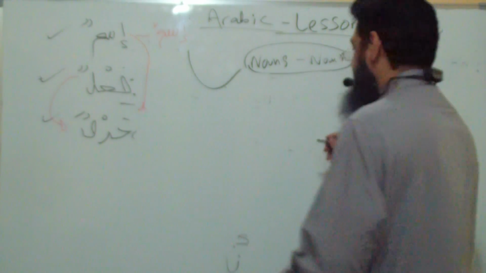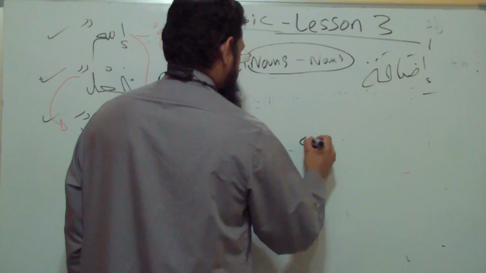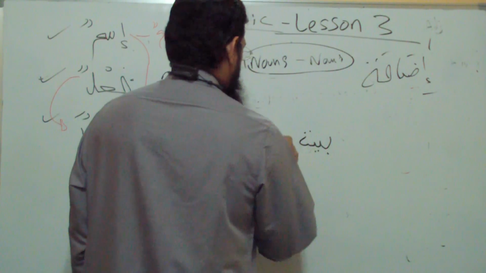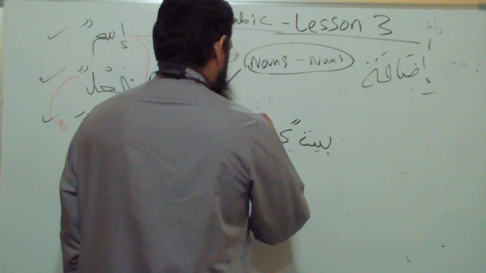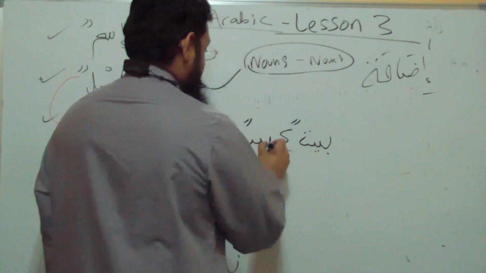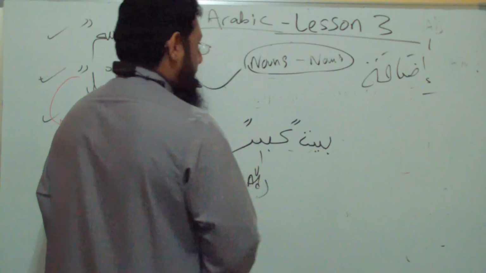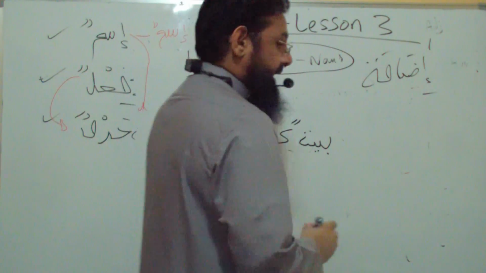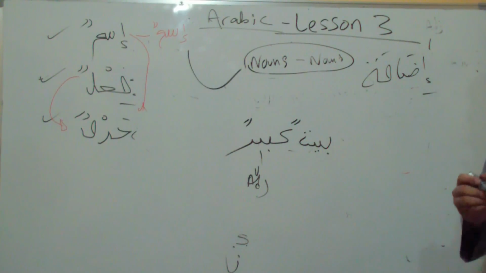So when you had baytun kabirun, these are two ismun, but one becomes an adjective in this case, the kabirun. Here we want two nouns together. So I will give you an example of two nouns together.